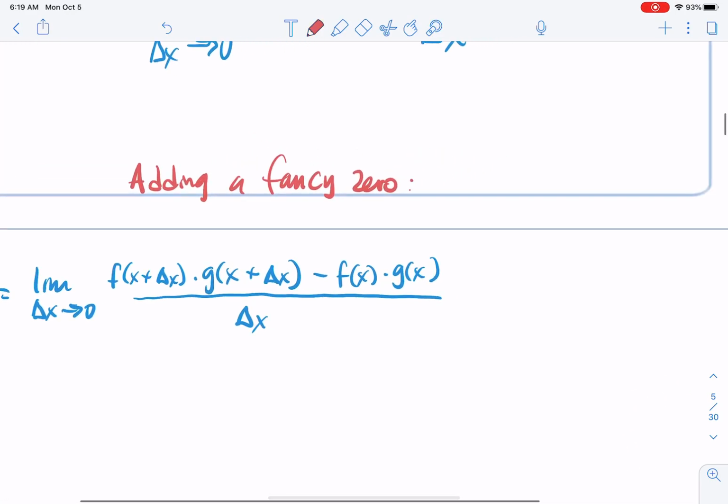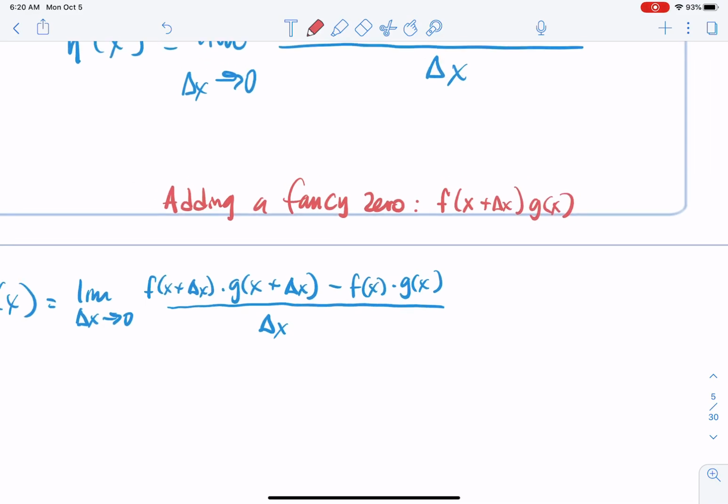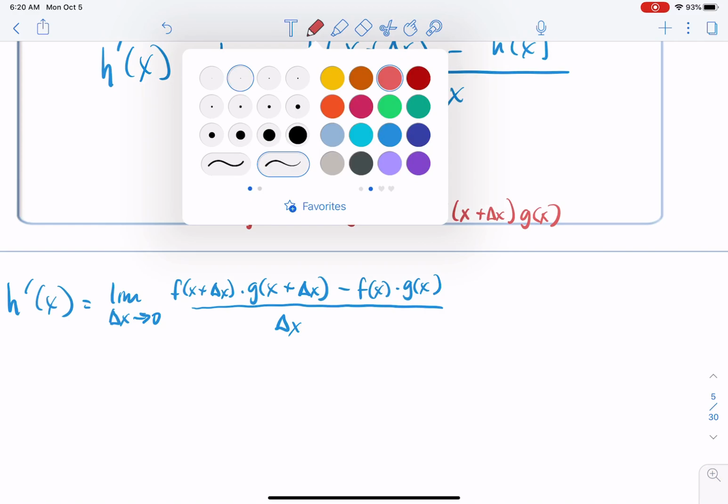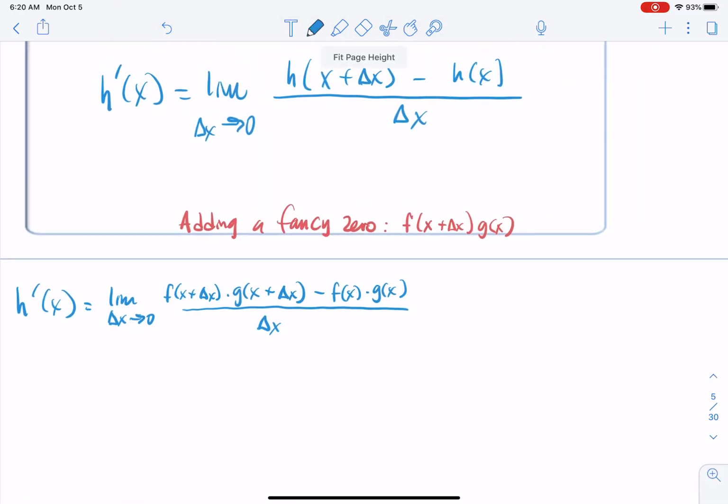So the fancy 0 that I am going to add and subtract here is going to be f of x plus delta x times g of x. Why is that? Well, we'll see. Who came up with it? I want to say it's Leibniz, but don't quote me on that. It's not a historical record, citation needed.